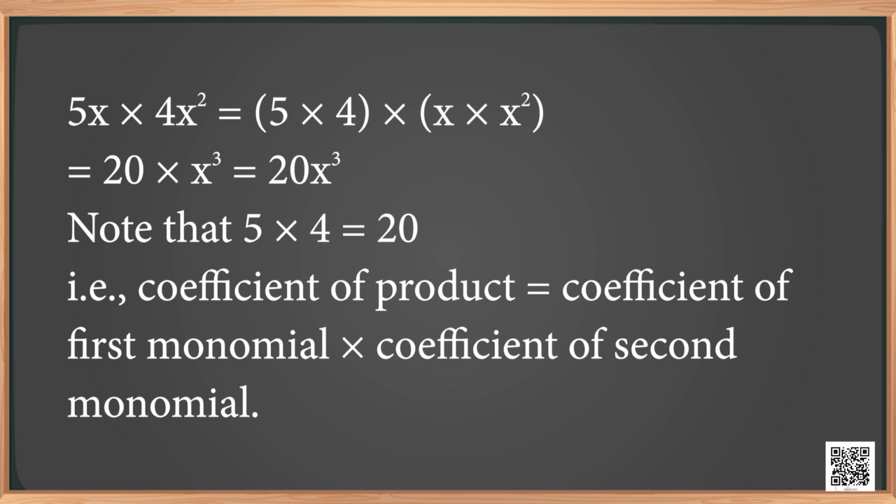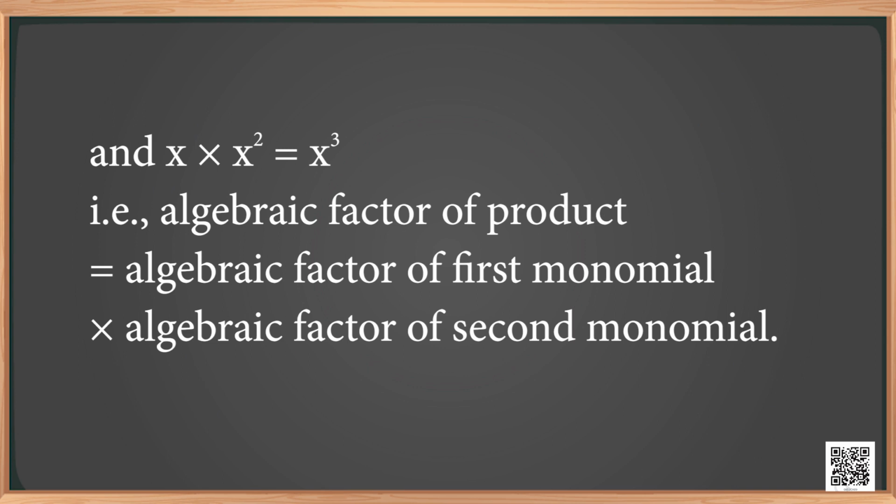Here we note 5 into 4 is equal to 20, that is, the coefficient of the product is equal to the coefficient of the first monomial into the coefficient of the second monomial, and x into x square is equal to x cube, that is, the algebraic factor of the product is equal to the algebraic factor of the first monomial into the algebraic factor of the second monomial.